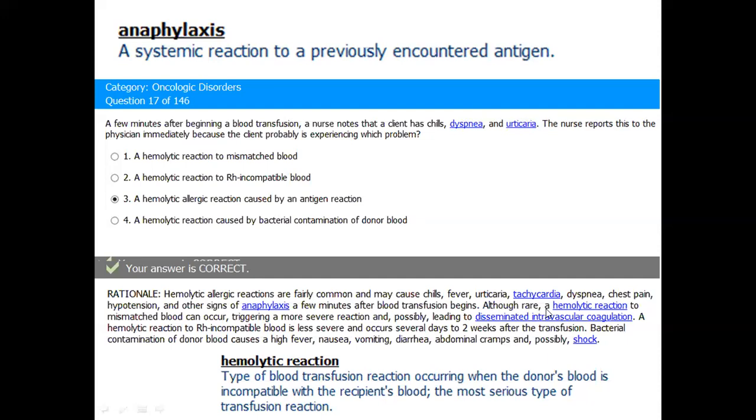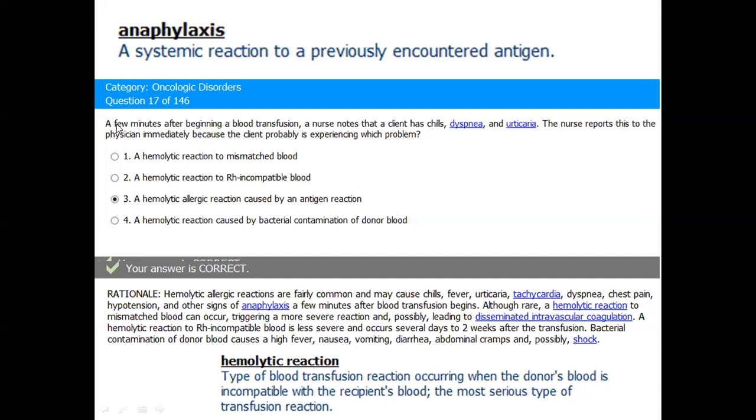Although very uncommon, a hemolytic reaction to mismatched blood can occur, triggering a more severe reaction, possibly leading to disseminated intravascular coagulation, internal bleeding, then the patient goes into shock and dies. A hemolytic reaction to RH incompatibility is less severe and occurs several days to 2 weeks after transfusion.